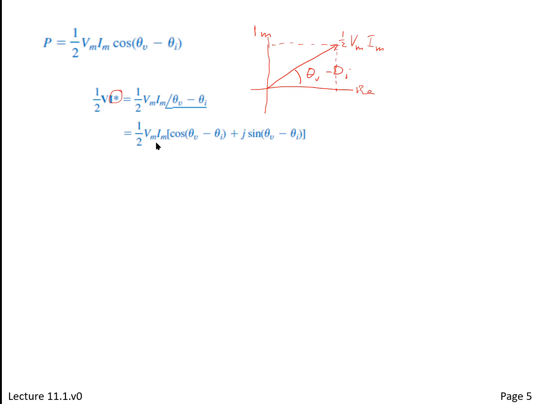Here's the real part. They both have the same magnitude. Here's the real part. And here's the imaginary part. Right? And really, the sine and cosine then represent the fractions of the magnitude vector, the fractions that are real and the fractions that are imaginary.